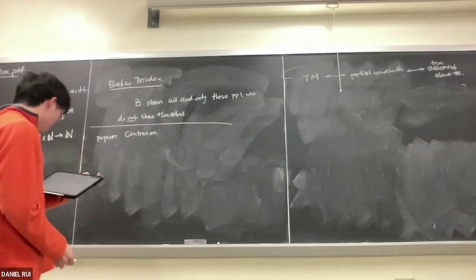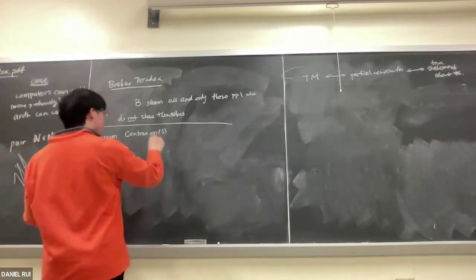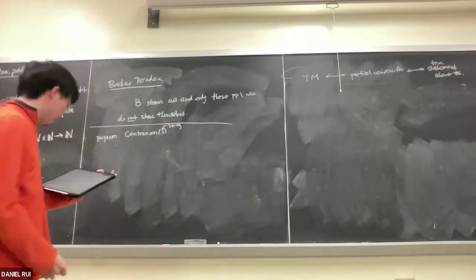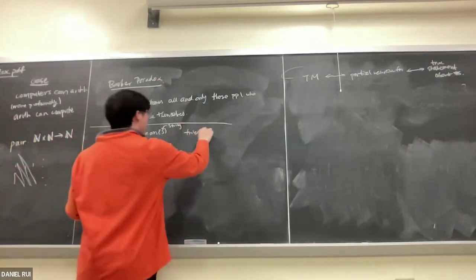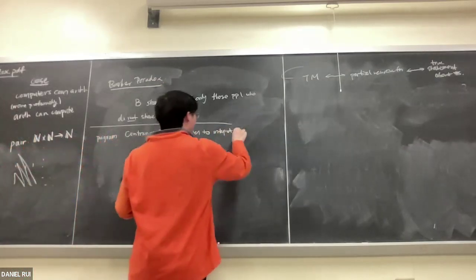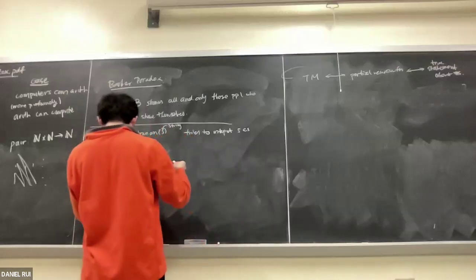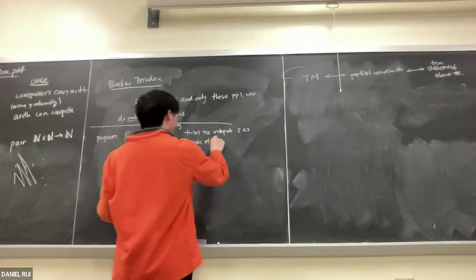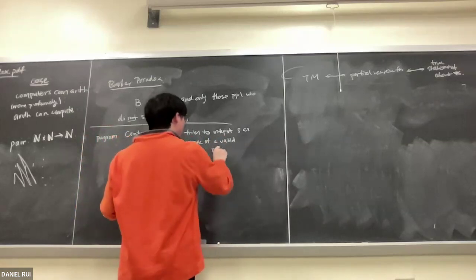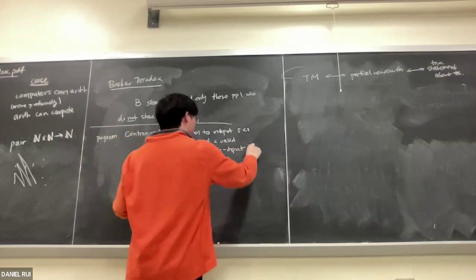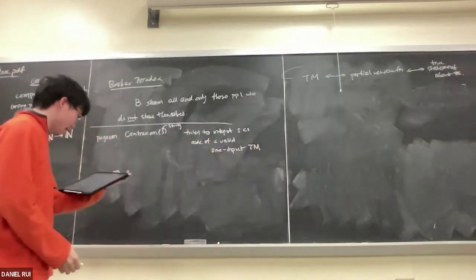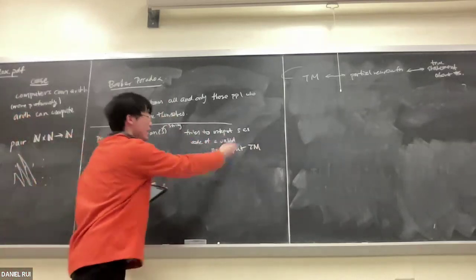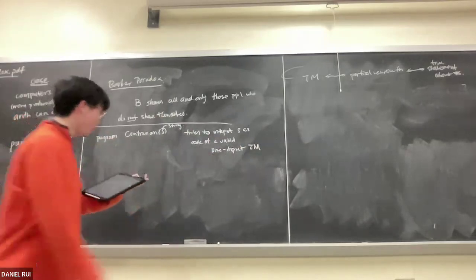What Contrarian is going to do is take in some string s and try to interpret s as the code of a valid one input Turing machine. It returns abort, stop, if it cannot interpret it as a valid one input Turing machine.